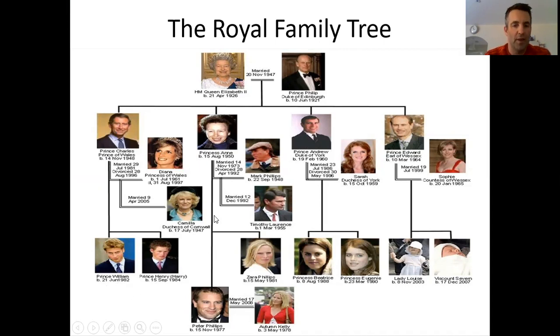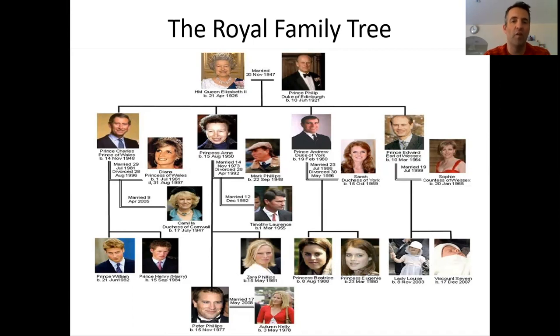And underneath Princess Anne, you've got Sarah Phillips, and you've got Peter Phillips here. And under Prince Andrew, you've got Princess Beatrice and Princess Eugenie. And under Prince Edward, you've got Lady Louise and Viscount Severn. So these are children of the Queen's children. So these are the Queen's grandchildren.